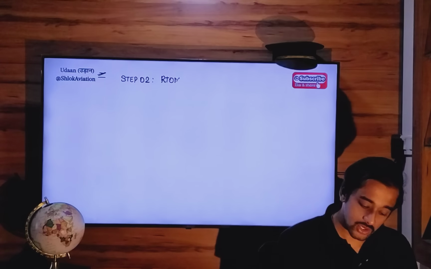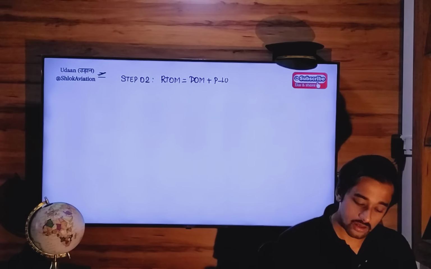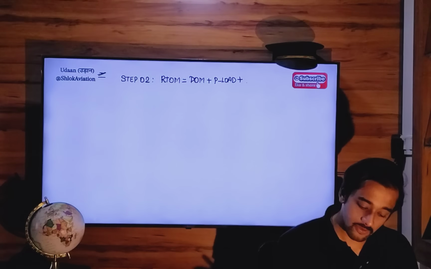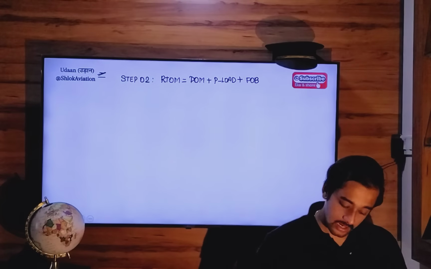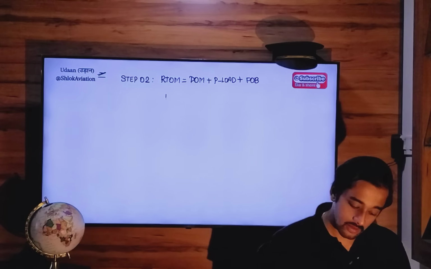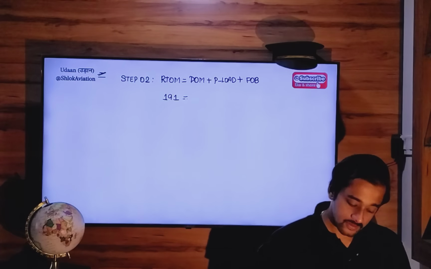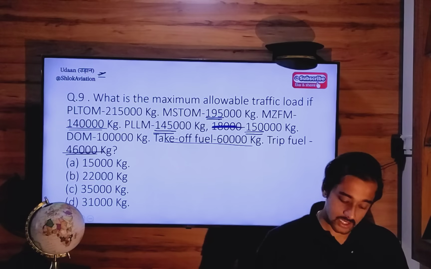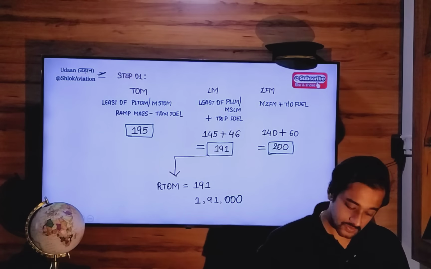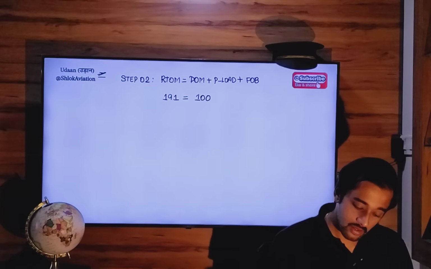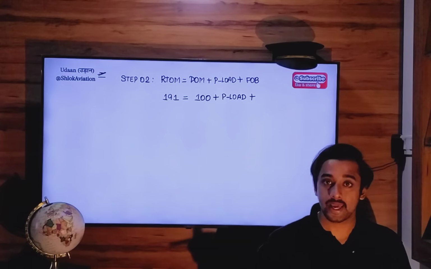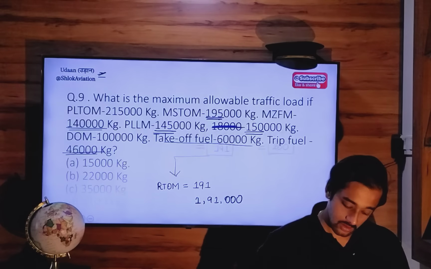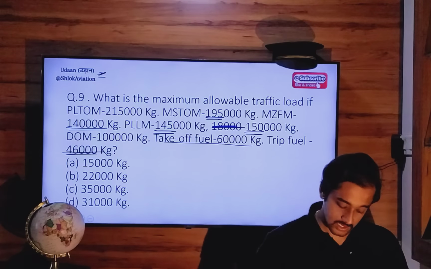Okay, so now next step number 2, use direct formula. Takeoff mass equals dry operating mass plus payload plus fuel on board, also known as takeoff fuel. Substitute the values. Takeoff mass is 191, dry operating mass is 100, payload we do not know, fuel on board or takeoff fuel is 60,000 or 60.